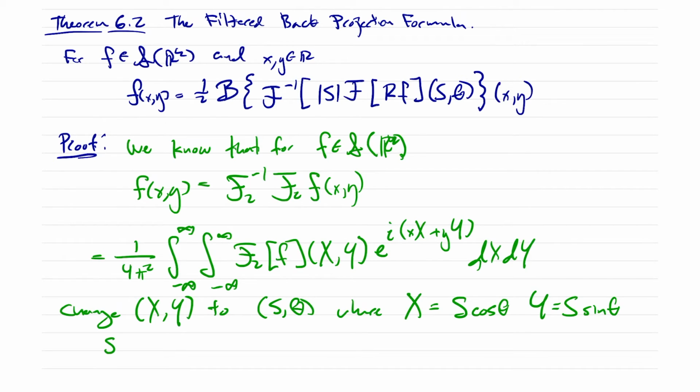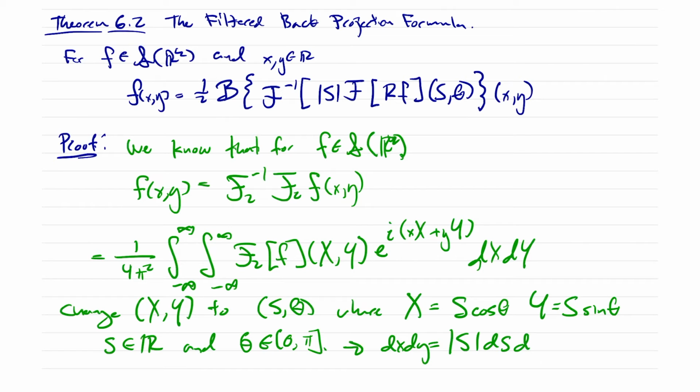So s is over all reals, and theta is going to be between 0 and pi. Now, what that changes is the Jacobian, and so it tells us that dx dy is actually going to be the absolute value of s ds d theta.